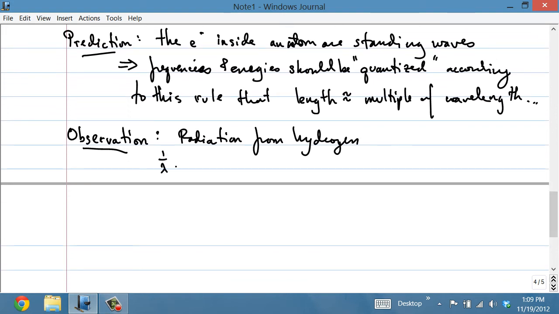discretization rule, so that the inverse wavelength, the frequency of light that is emitted from hydrogen, appears only at certain special discrete values of the frequency. In particular, it goes like 1 over the square of some sort of integer times a constant, which is known as the Rydberg constant.